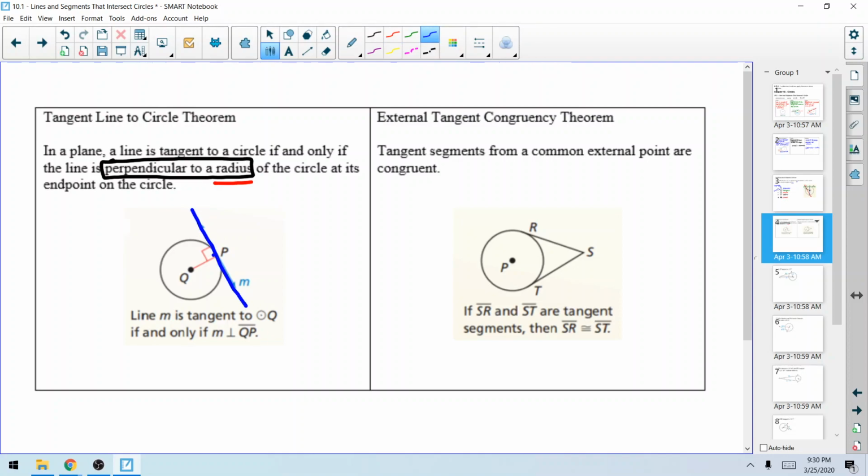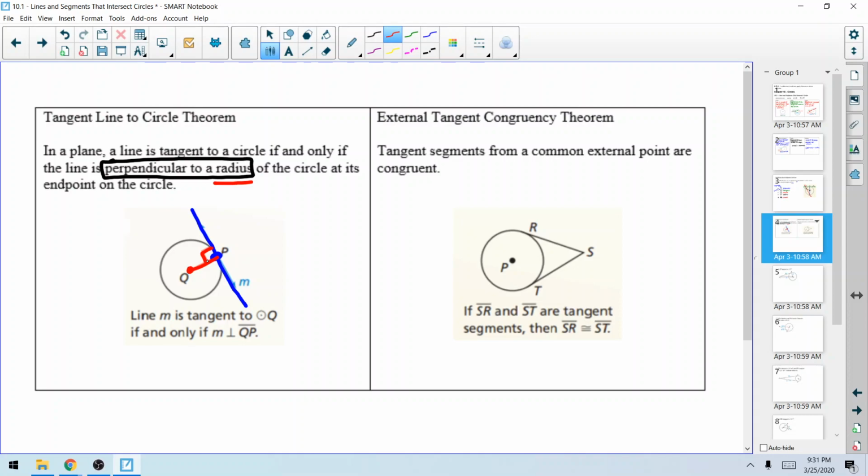And the point that it hits is the point of tangency. Well, if you connect the center of your circle to the point of tangency, what this theorem is telling you is that it forms a 90-degree angle. Keep that in mind.